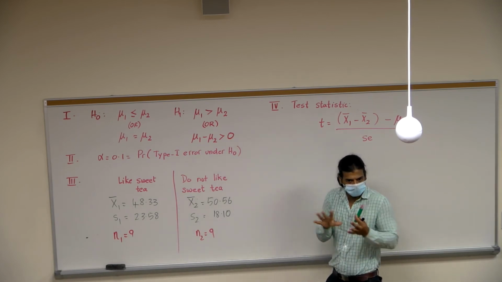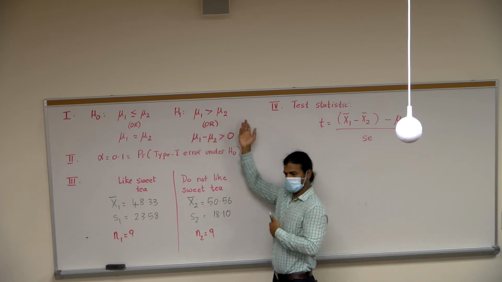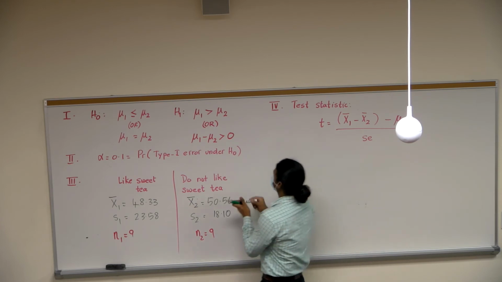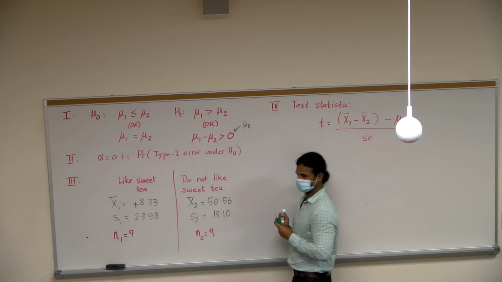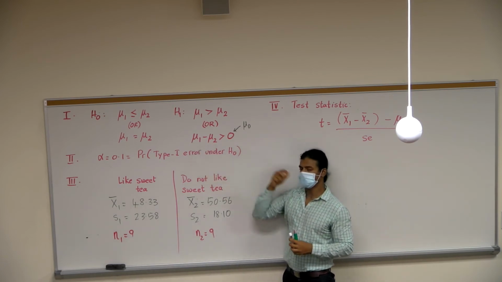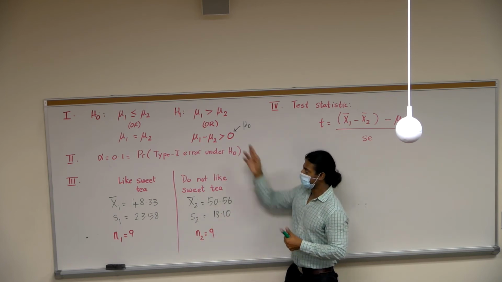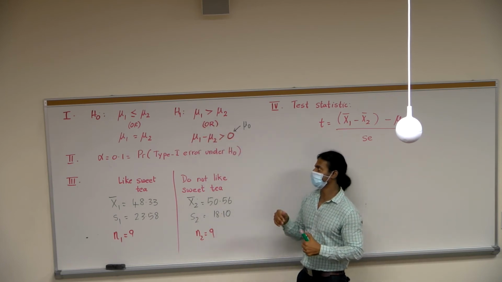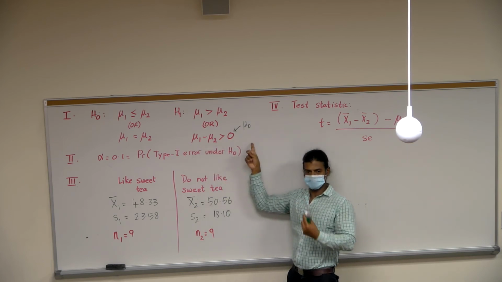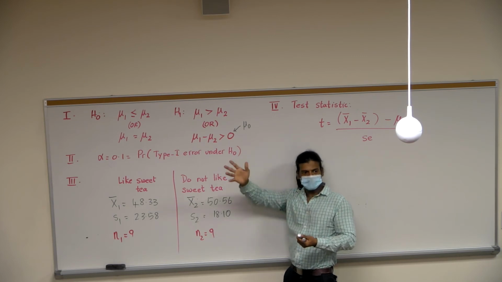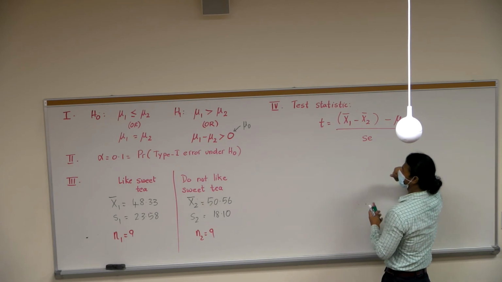Do you agree? They are one and the same. All I did is move this mu2 to the other side. I have 0, and that number is mu naught. Mu1 minus mu2 is the difference in means. For me to say mu1 is greater than mu2 is the same as saying the difference in the means is greater than 0. Same statement, written in different ways. So mu0 here is 0.